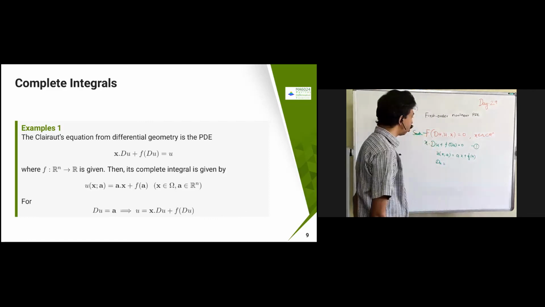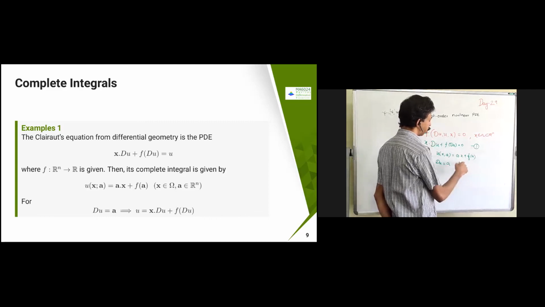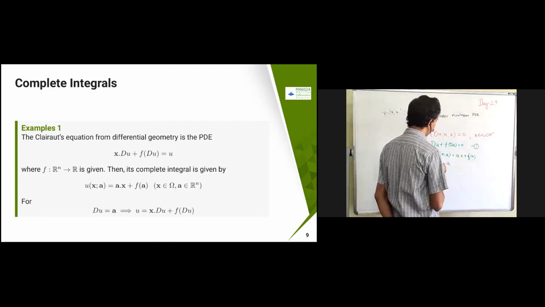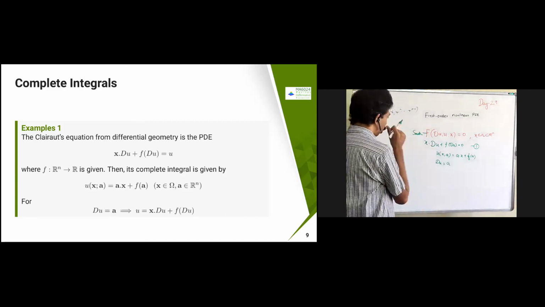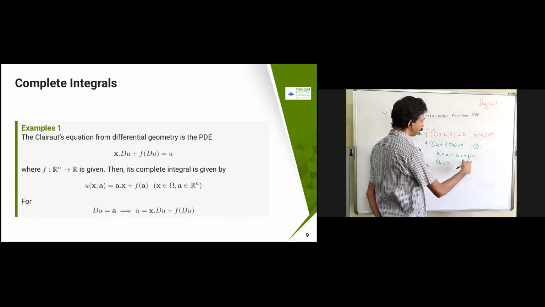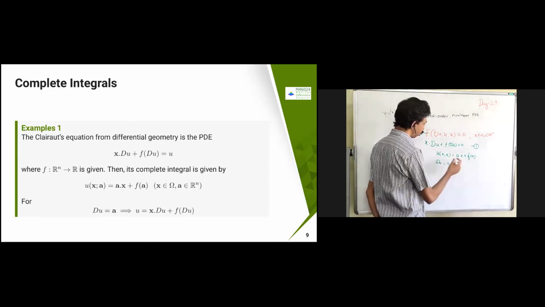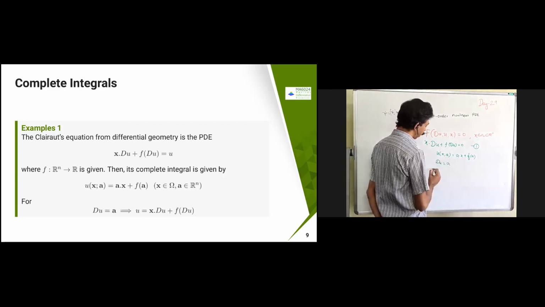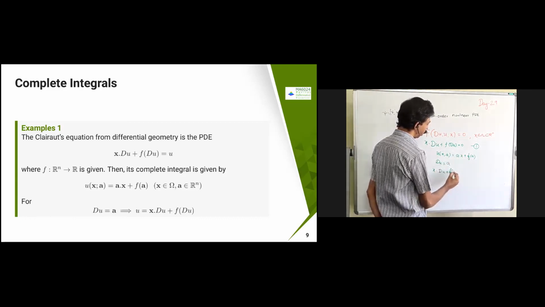Du is going to be a, because with respect to x I am taking a · x, so it is going to be a. Now we have to substitute this, so wherever I have a, I can replace it with Du. So this is going to become x · Du, because I'm just replacing a with Du, plus f of Du.